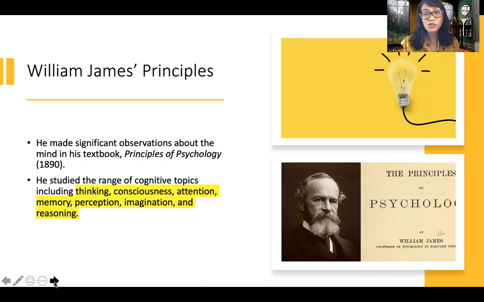His observations were based not on the results of experiments, but on observation of the operation of his own mind. He observed his own mind and researched the nature of attention. His study ranged across thinking, consciousness, attention, memory, perception, imagination, and reasoning.